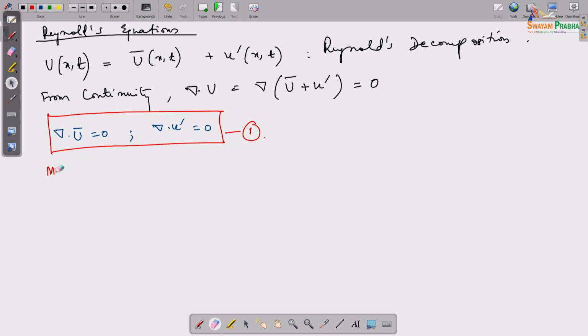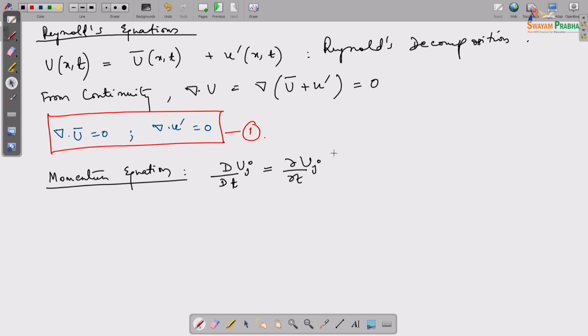Just to remind you, the momentum equation is this.